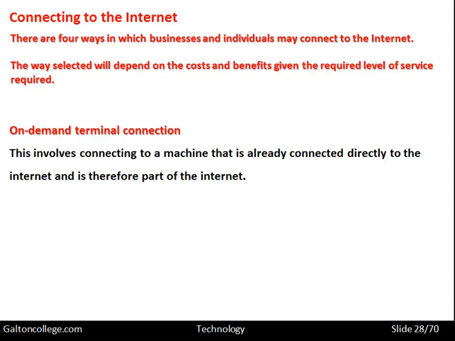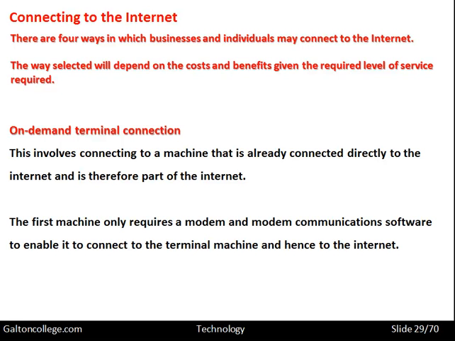If there are many users and they're all demanding videos and sound and internet conferencing, then as you can imagine the connection will be pretty slow. The first machine only requires a modem and modern communication software to enable it to connect to a terminal machine and hence to the internet.